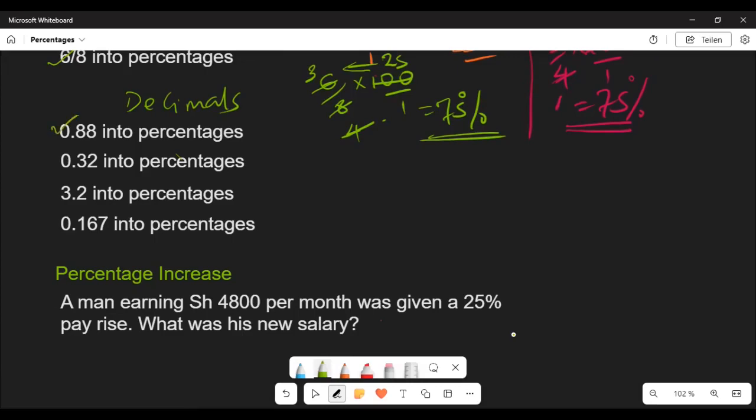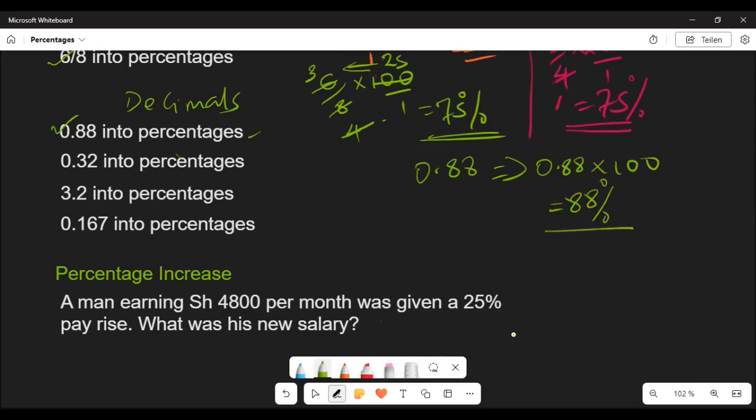We already did an example, so let's take the first one here: 0.88. Like I said, the easiest way is to take 0.88 and multiply that by 100. Okay, so then you have 88. Now 88 is what will become our percentage.